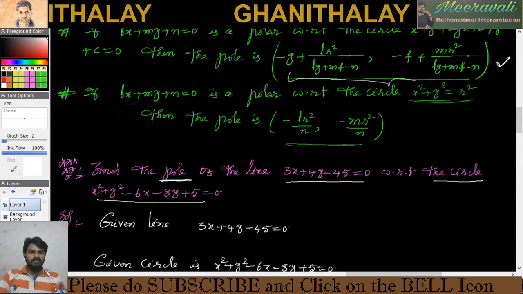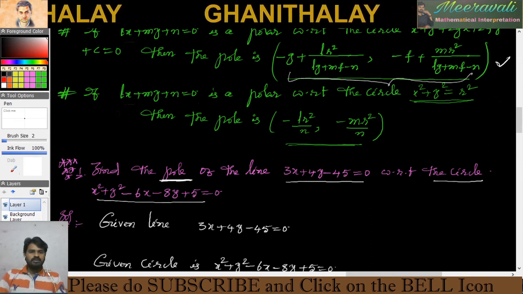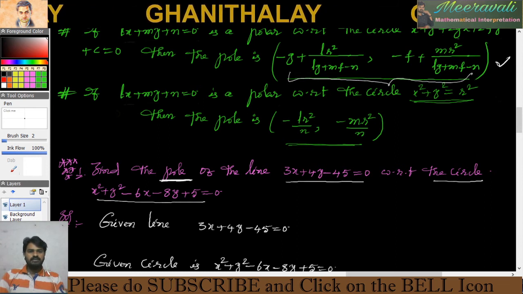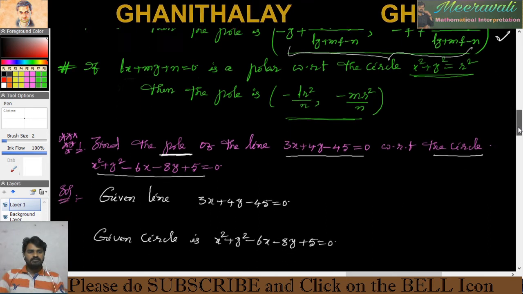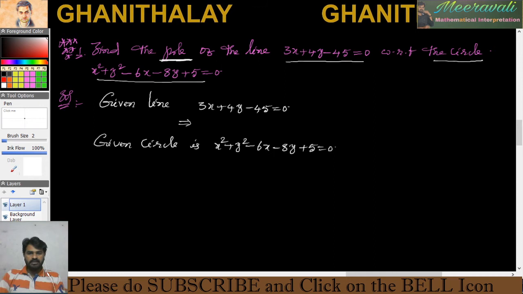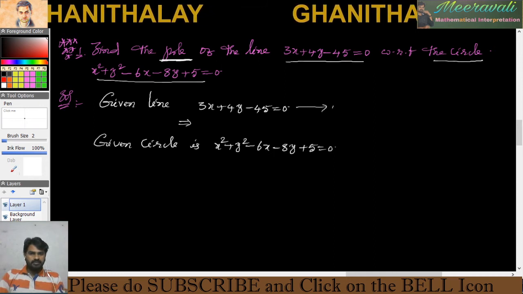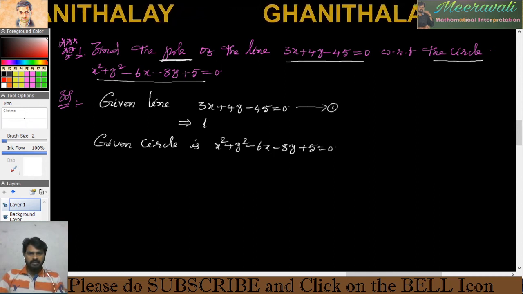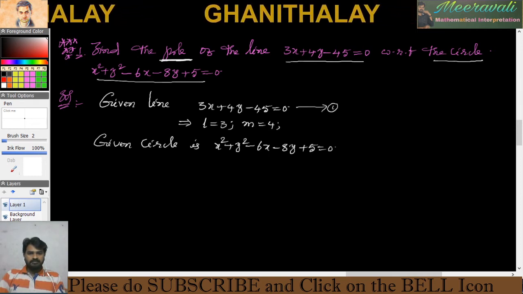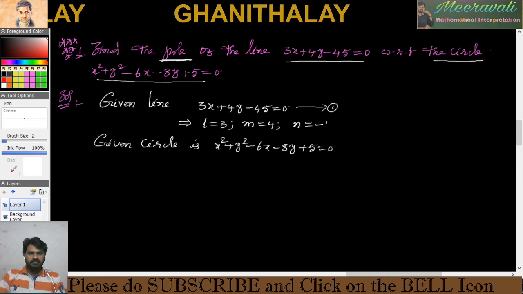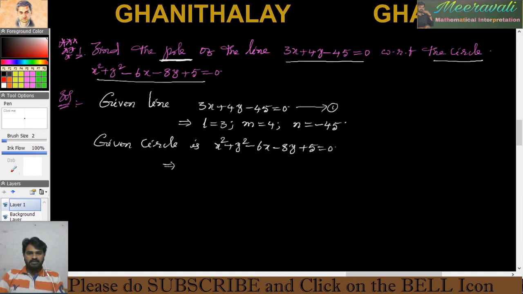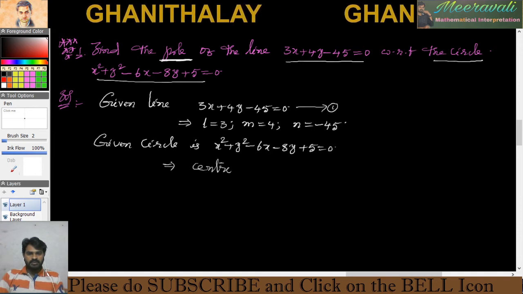For this you need to find the L, M, N values and G, F and R values. The L, M, N we get from equation 1. Here the x coefficient is L, the y coefficient is M, and the constant is N, which is minus 45.